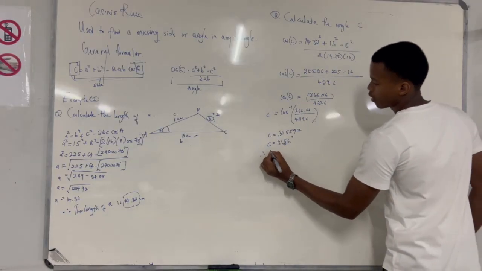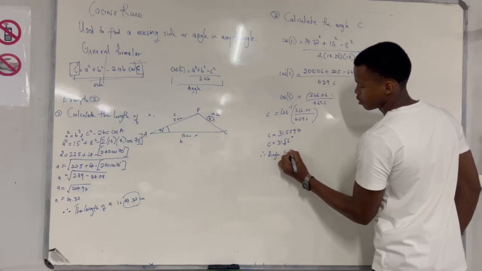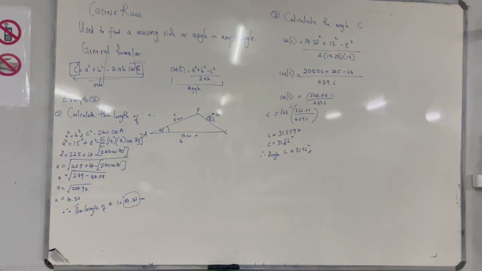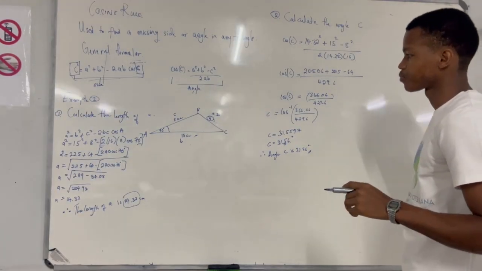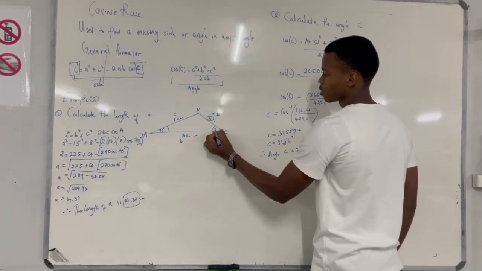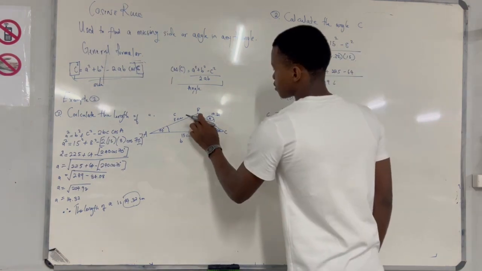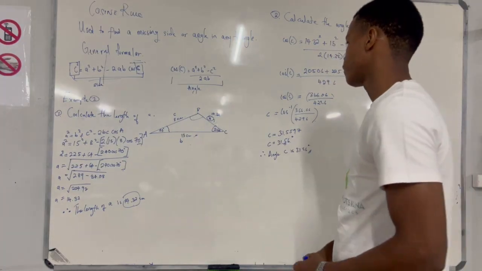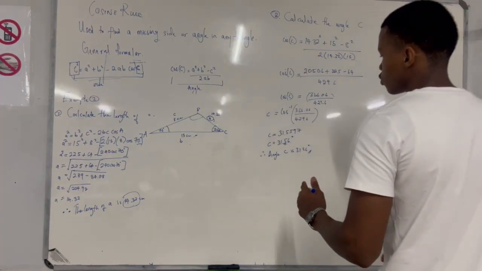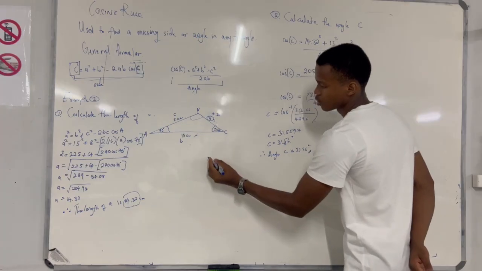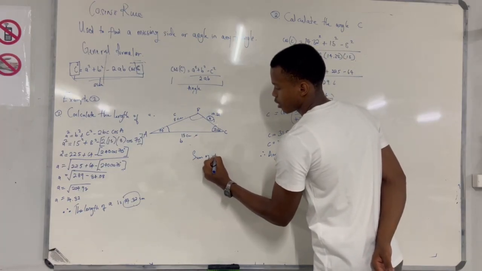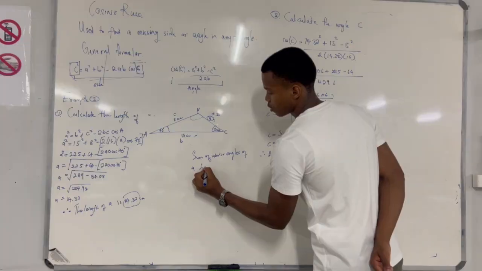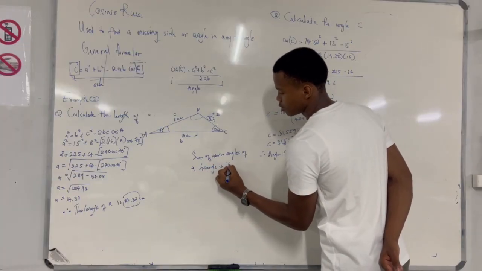Therefore, angle C is 31.56 degrees. So we have our angle C, which is 31.56, and in the event that you're looking for B, we can just use the basic rule of interior angles: the sum of interior angles of a triangle is 180 degrees.